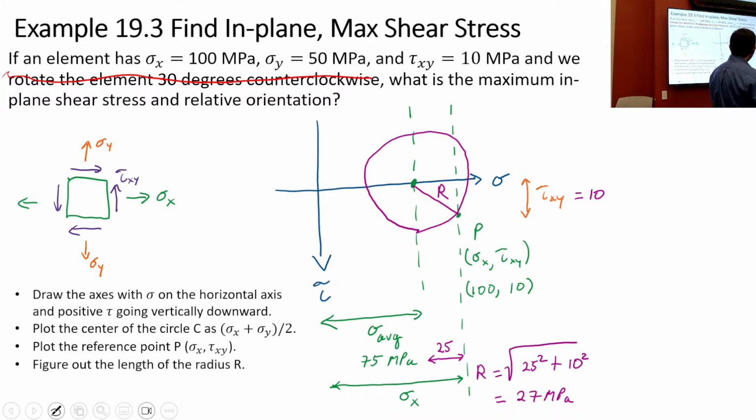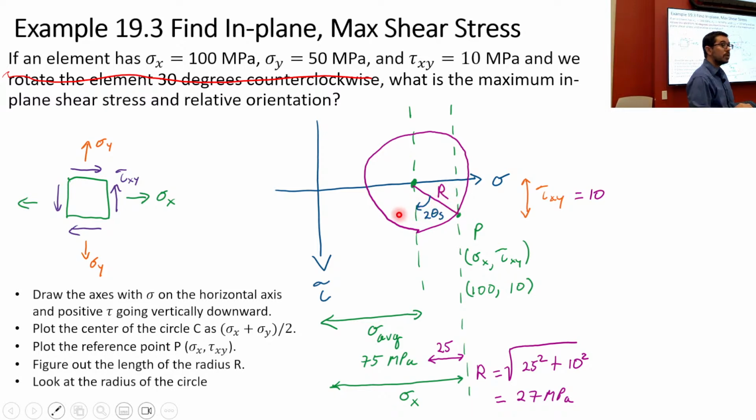So what do we do there? We are going to figure out how much we have to rotate to get to the top and the bottom. I've got to rotate some amount, and this would be a clockwise rotation to get to this state.